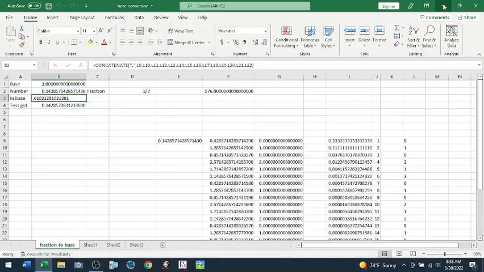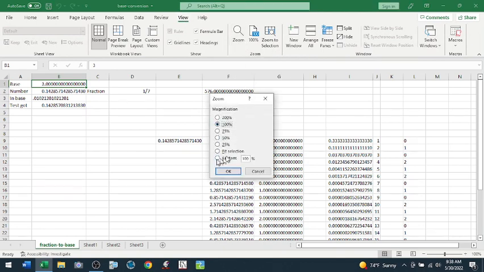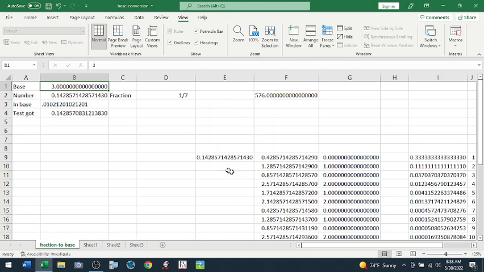Here is a spreadsheet where, as you can see, let's see what this does over here. A little bit bigger.